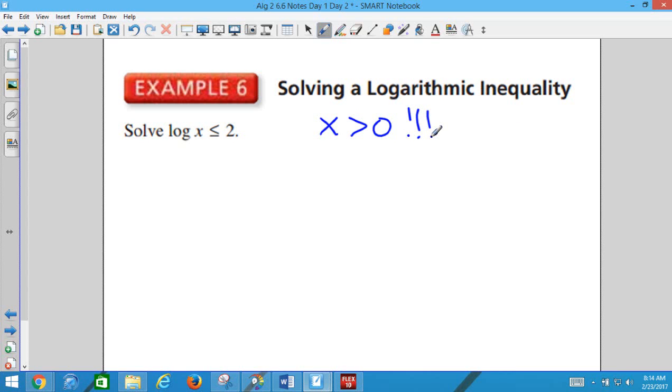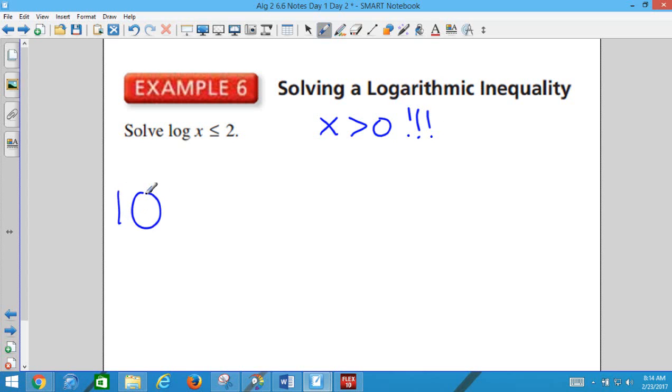All right, what are we going to do to both sides to cancel out the log and just get x? What you're going to do is take the entire side of the equation and make it the exponent with a base of whatever this base is, which is 10.